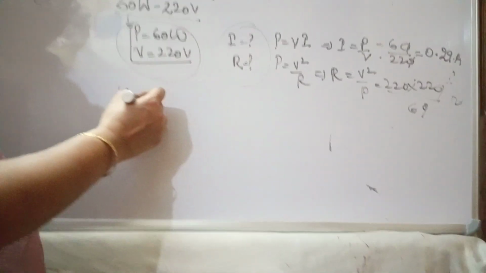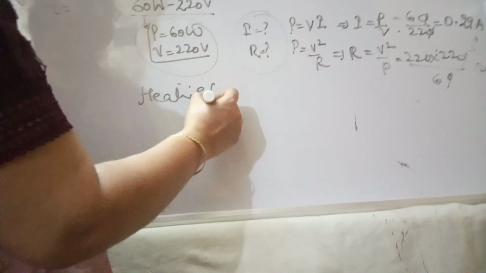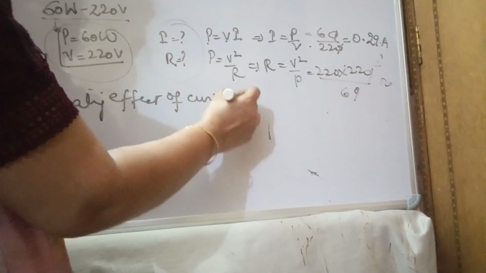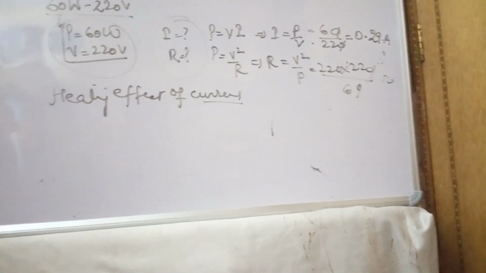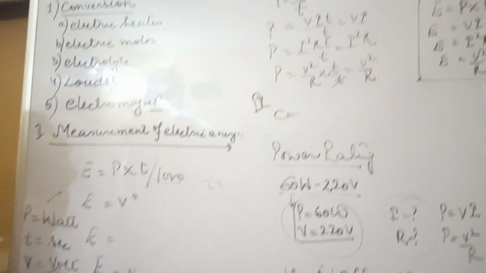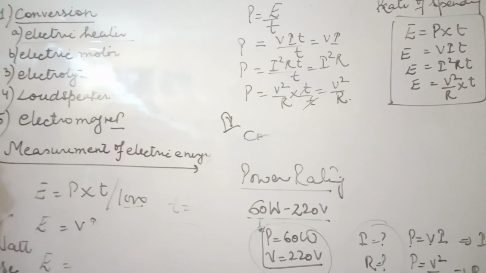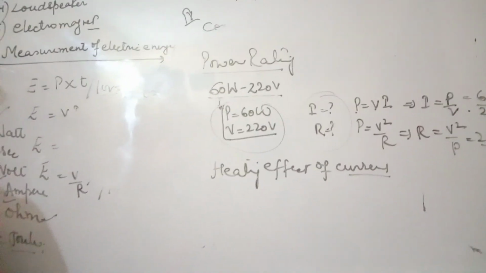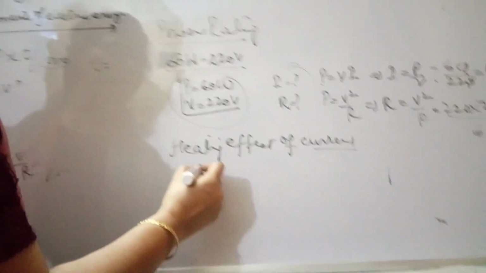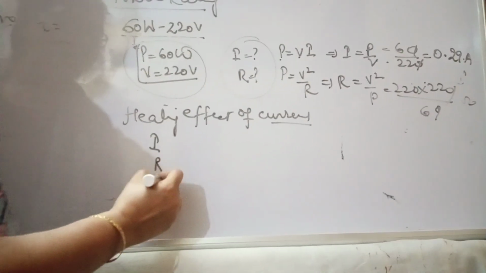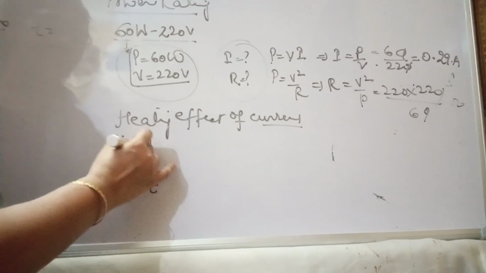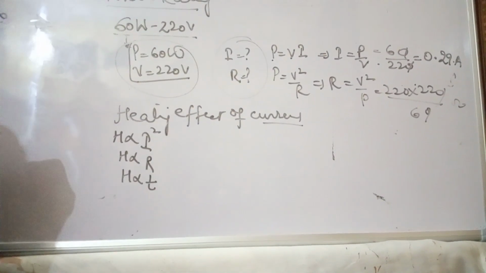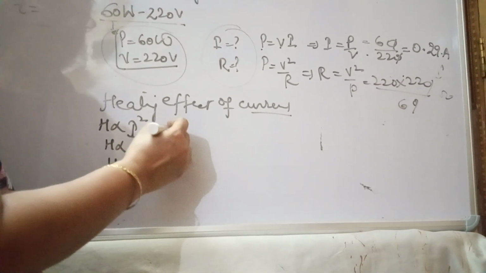In last, the heating effect of current. Tell me, in the electric heater, when electric energy is passed to the heater, it converts into heat and light. How much heating effect is produced by the electric current depends upon three factors: I, R, T. H is directly proportional to I square, H is directly proportional to R, H is directly proportional to T. I means current flowing in the circuit.